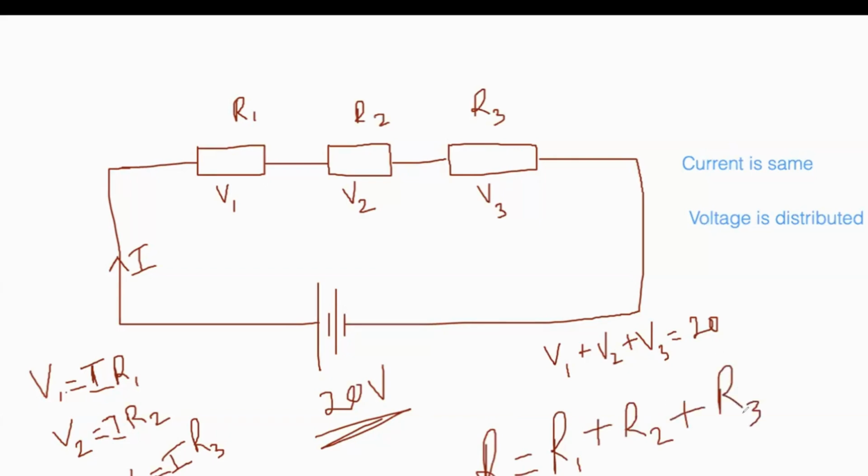Remember, I'm talking about only these three. If there are n number of resistances added, it can go till Rn also. Understood? Clear? Okay, fine. All right. Now let us move forward.